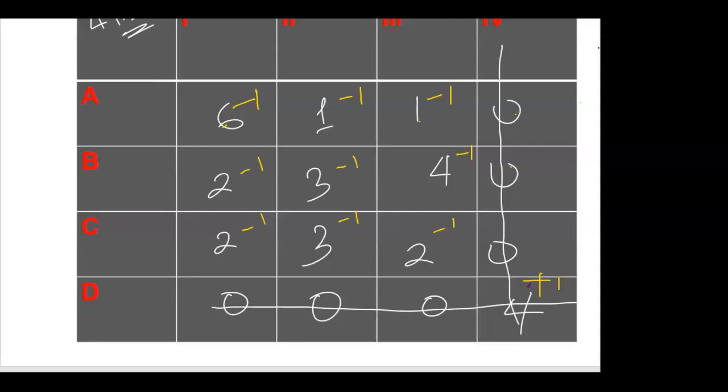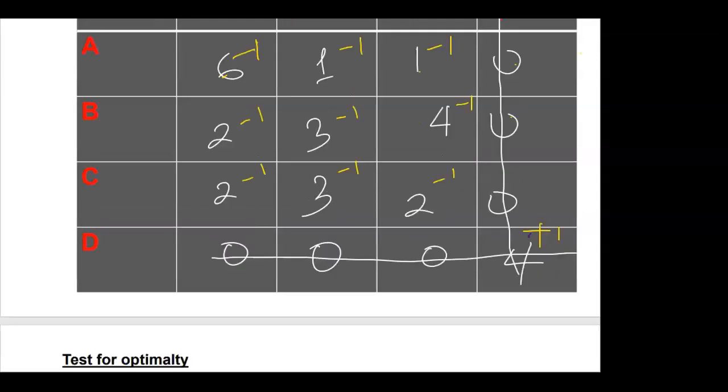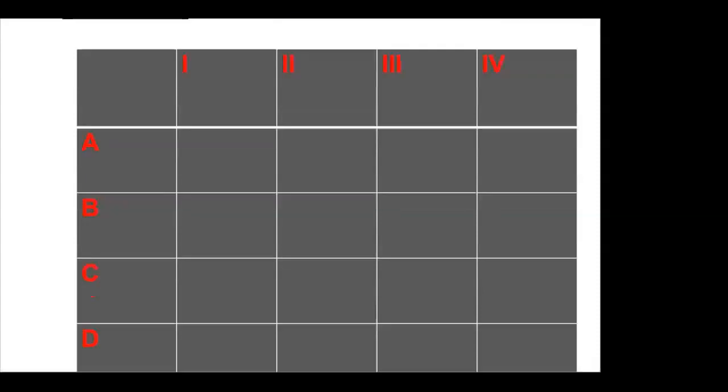What will now be the new figure? 5, 1, 1, 0. That's line 1. Then line 2: 0, 2, 2, 0.